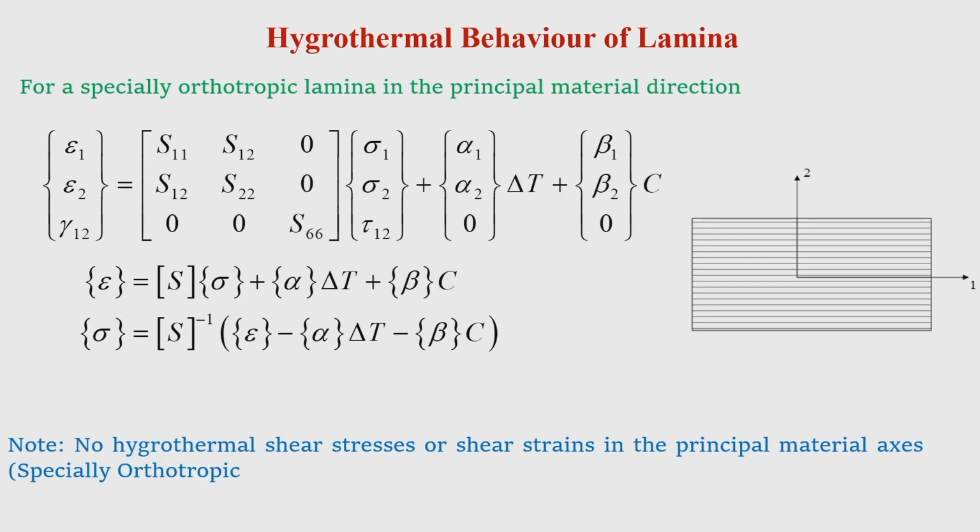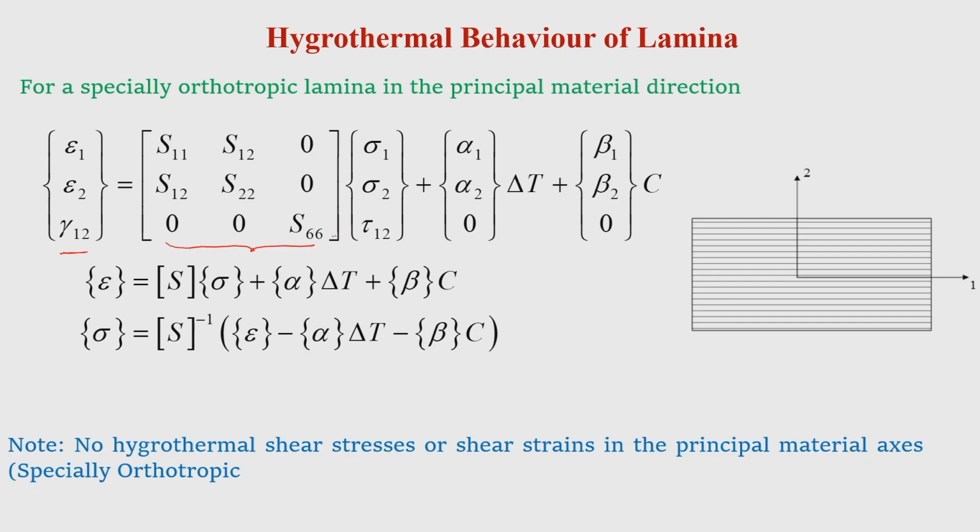Now, suppose we have a special orthotropic lamina, that means in the material direction. Suppose this is subjected to stresses sigma 1, sigma 2 and tau 12. Therefore, the total strain considering the hygrothermal and mechanical is given by this.